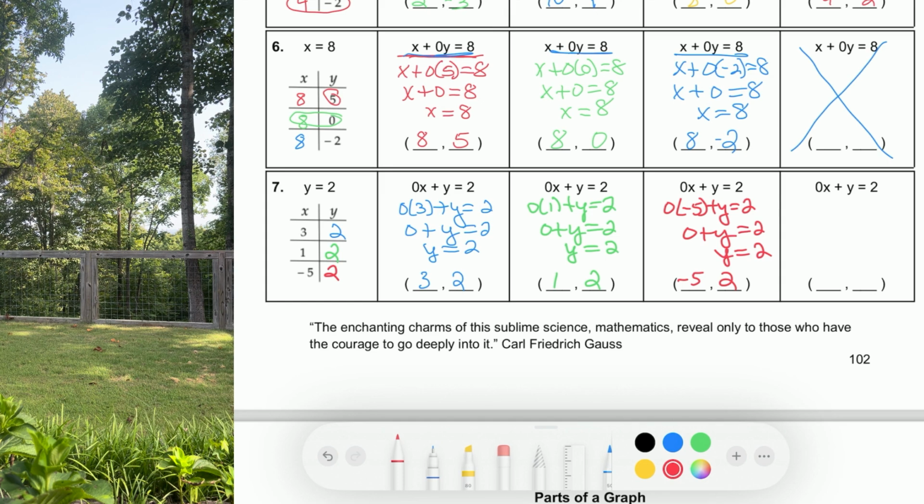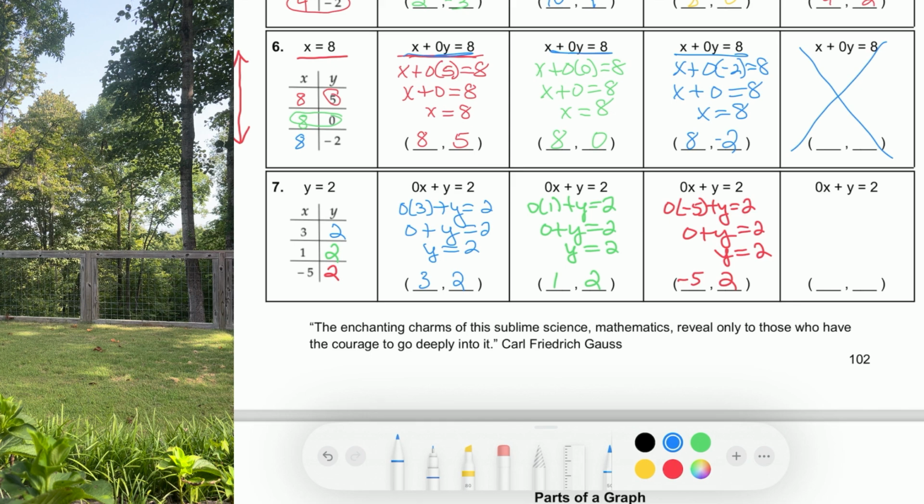Now here's something I want to point out a little bit early, and we'll come across this later as well. When you have an equation like this, x equals 8, you're going to have a vertical line at the location of 8 on your x-axis. So just remember, you're going to have a vertical line.